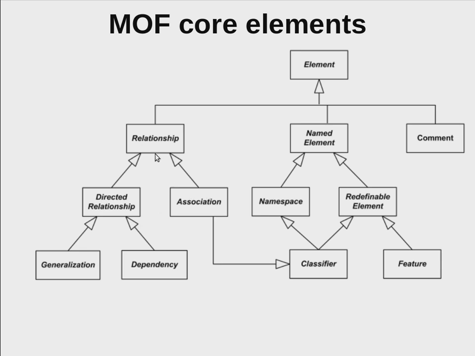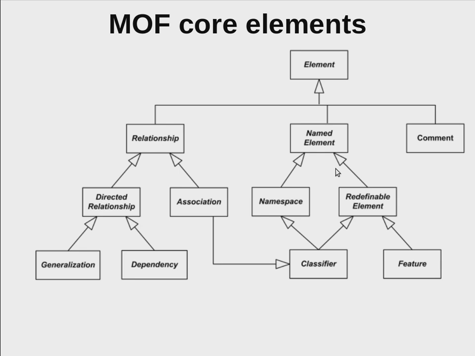But it may be transformed and described differently, so that relations are actually boxes and named elements are actually lines. For example, for these sequence diagrams where you draw lines and lines, etc. And then named elements may be a namespace. In one concrete space, a namespace is, for example, a package, or a redefinable element.